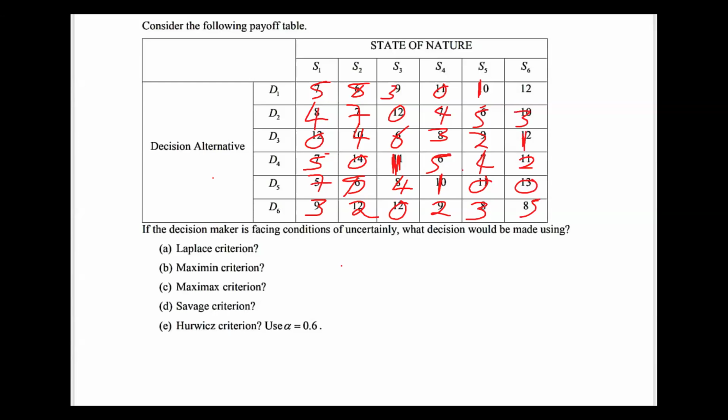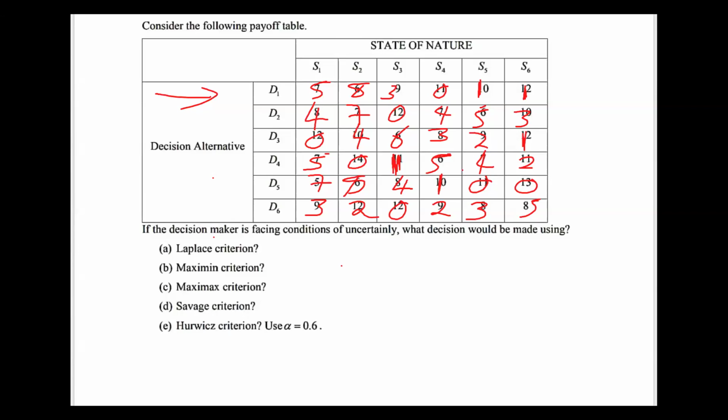Minus 10 should be 3. Minus 12 should be 1. Now, this is called the regret matrix or the regret table, depending on the literature that you are reading. And so you have to move along the states of nature.